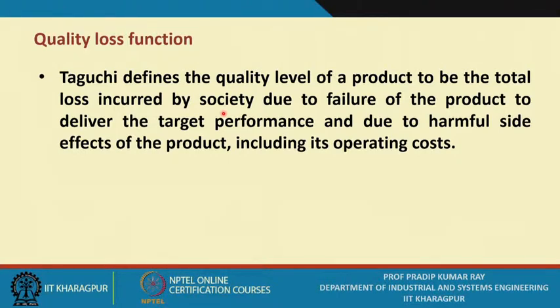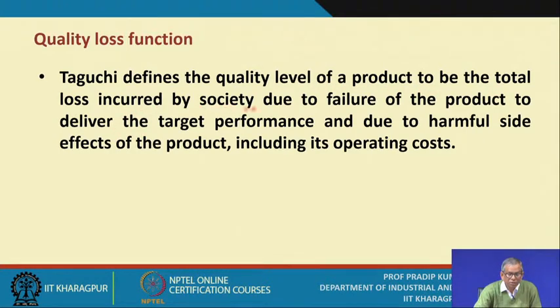Now we are already aware of the definition of quality as given by Taguchi. Taguchi defines the quality level of a product to be the total societal loss incurred due to failure of the product to deliver the target performance and due to harmful side effects of the product, including its operating costs.